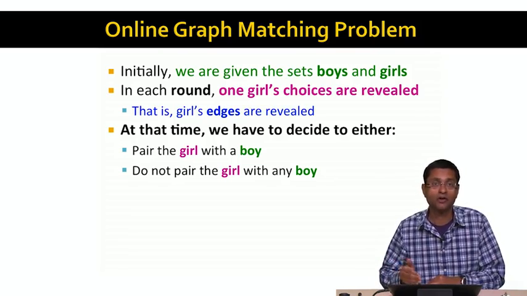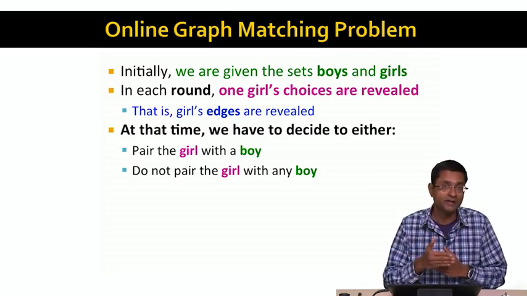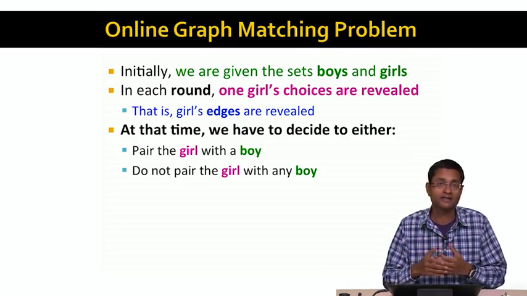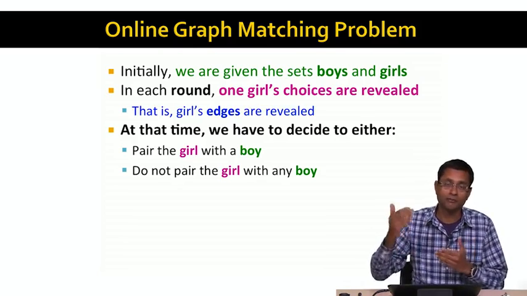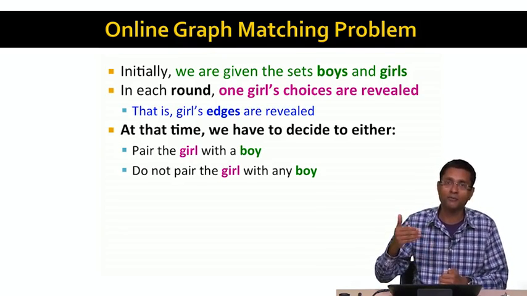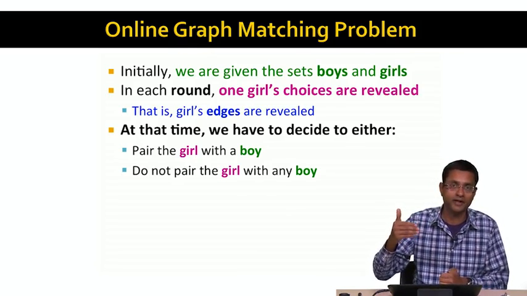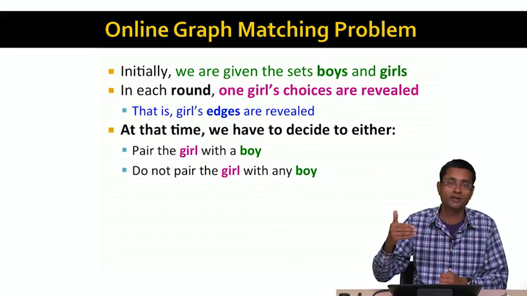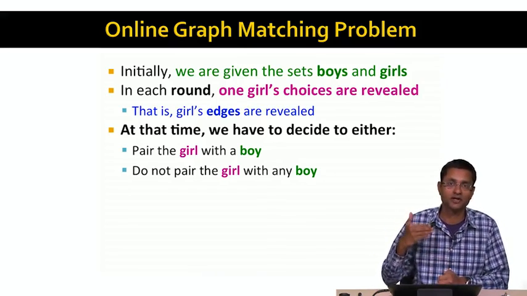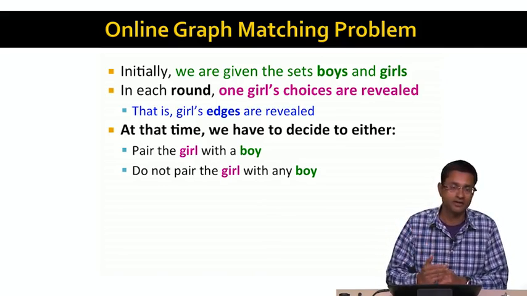If there is a boy among the girl's compatible set who has not already been paired, we can choose to pair the girl with that boy. Or we can decide to not pair the girl with any boy and move on to the next girl. But once we've made the choice, we cannot go back. We can't go back and pair the girl if we had not paired her at that point, and we cannot go back and change the pairing of that girl if we've already paired her. So the choice is irrevocable and made at that point.